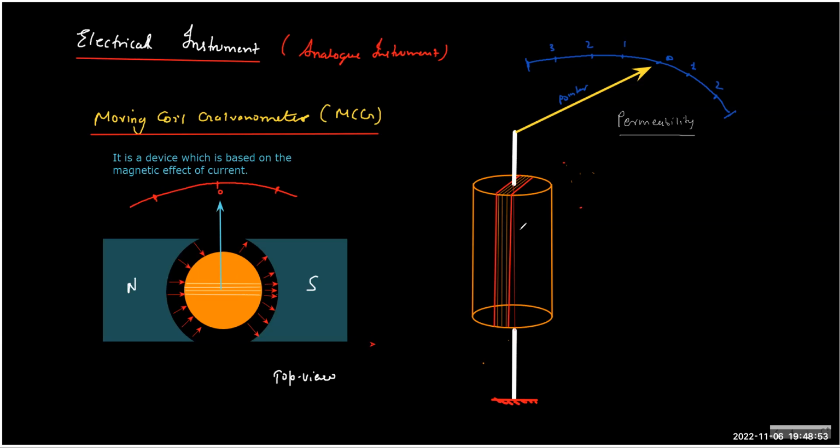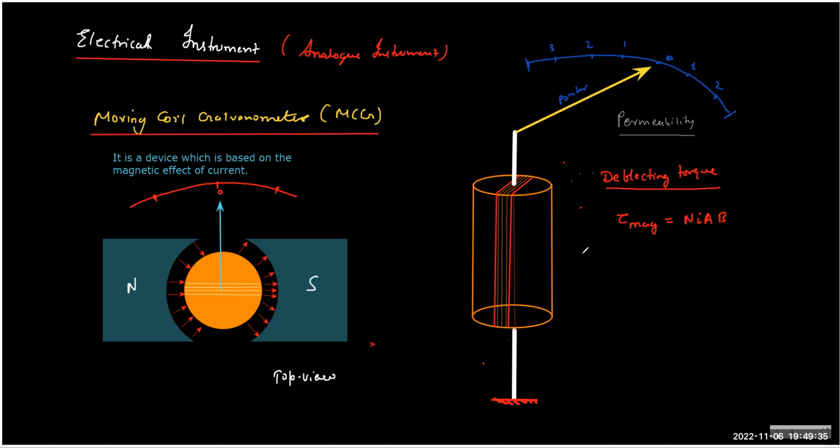And because the current will try to create a torque, the torque which is developed due to the current in the coil is called deflecting torque. The deflecting torque, or you can say magnetic torque, depends on certain quantities which you need to just remember: the number of turns of the coil, the current which flows, the area of the loop (here we are taking the rectangular shape of the loop), and the strength of the magnetic field in the direction normal to the loop.